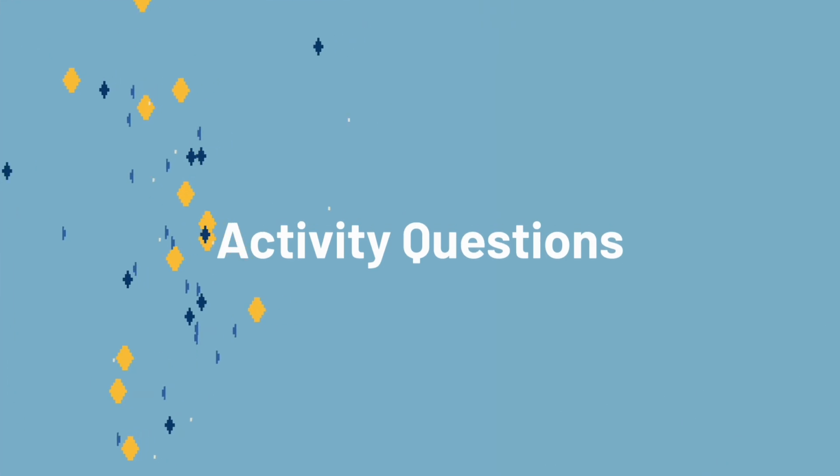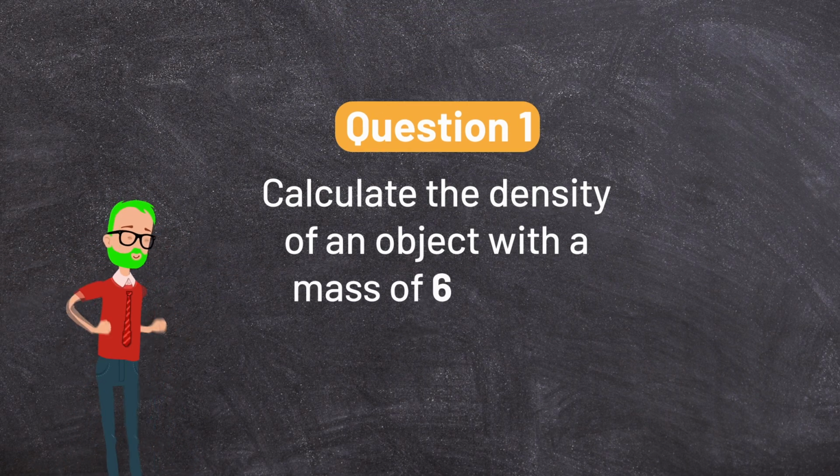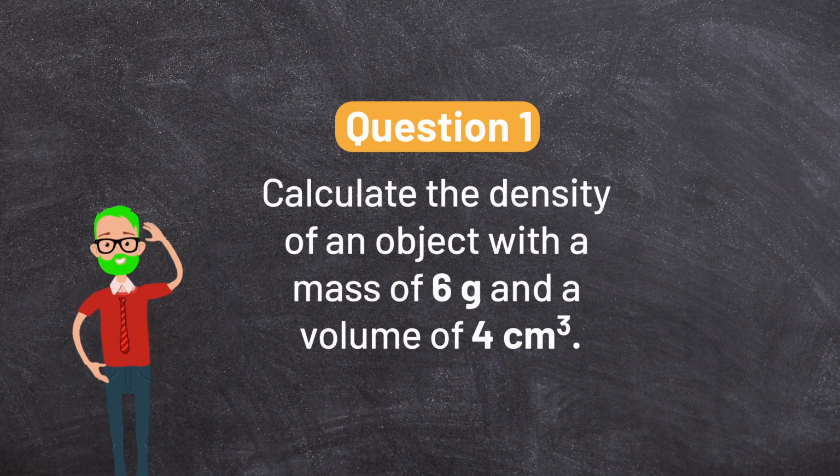Grade 8s, are you ready to do some density calculations? Let's start with question 1. Calculate the density of an object with a mass of 6 grams and a volume of 4 cubic centimeters.